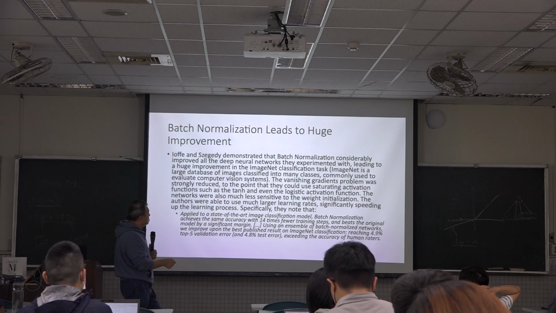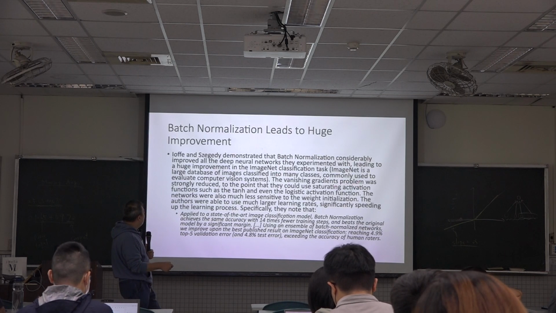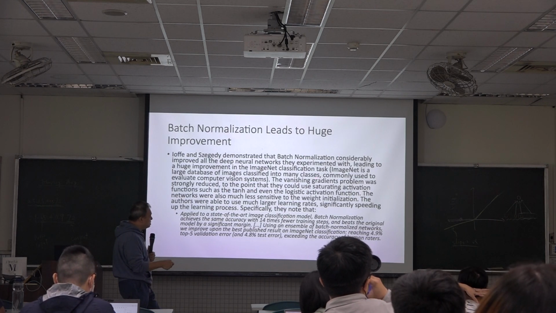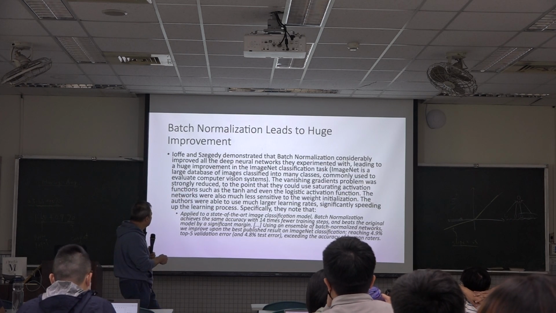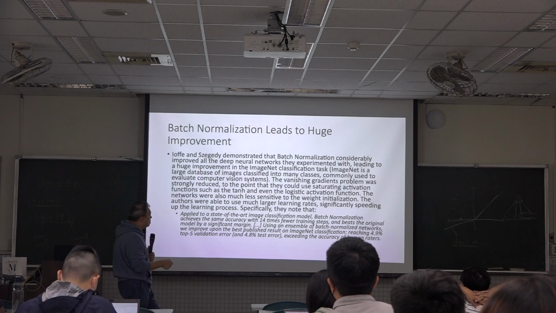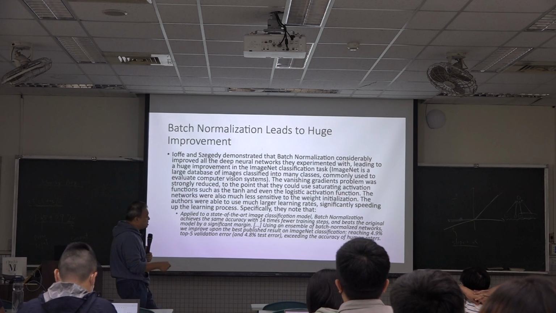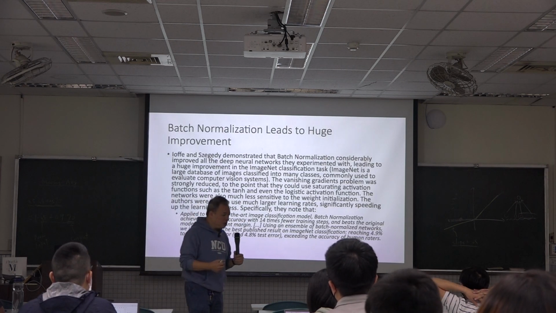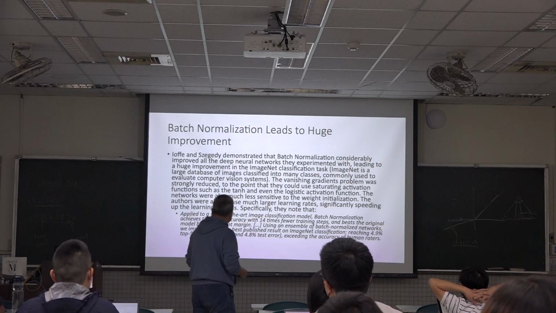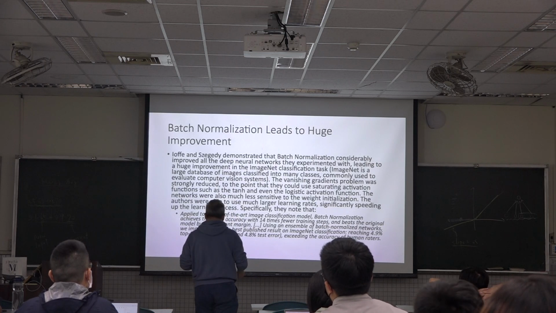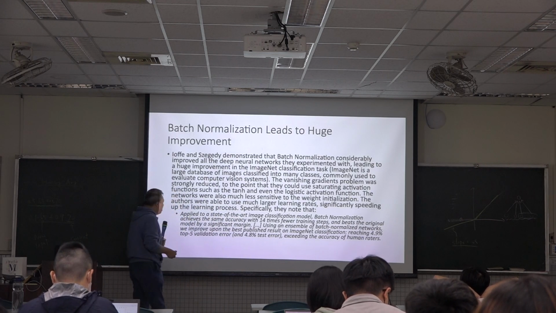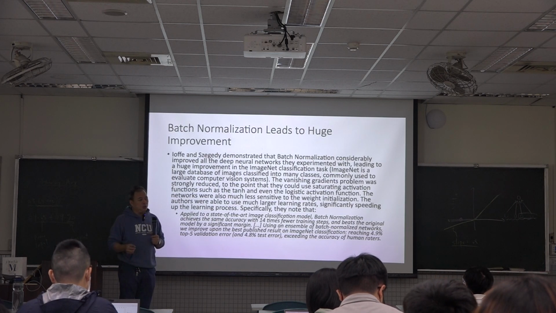The vanishing gradient problem was strongly reduced, to a point that they could even use saturating activation functions such as hyperbolic tangent and the logistic activation function. So if they use batch normalization, they can use even tanh, logistic, or sigmoid without worrying about the vanishing gradient problem.